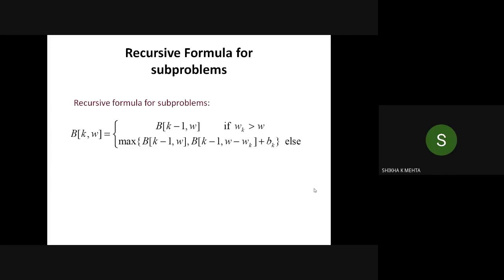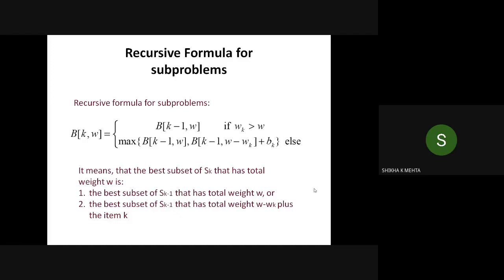You will understand this formula when we do an example along with it. So it tells us that the best subset of Sk that has total weight W is either the best subset of Sk minus 1 that has total weight W, or the best subset of Sk minus 1 that has total weight W minus Wk, plus the item K. This is how we compute the best subset.